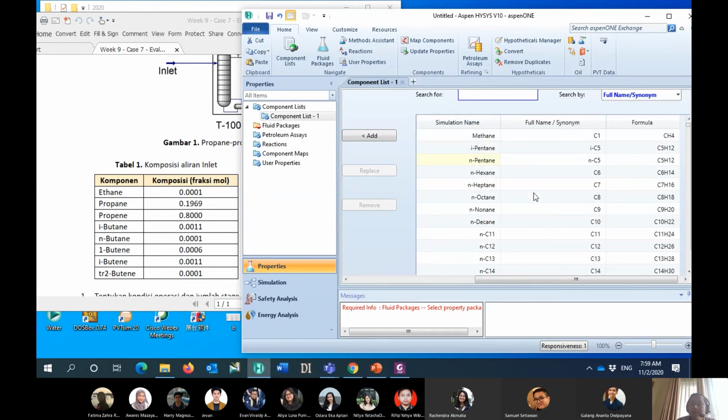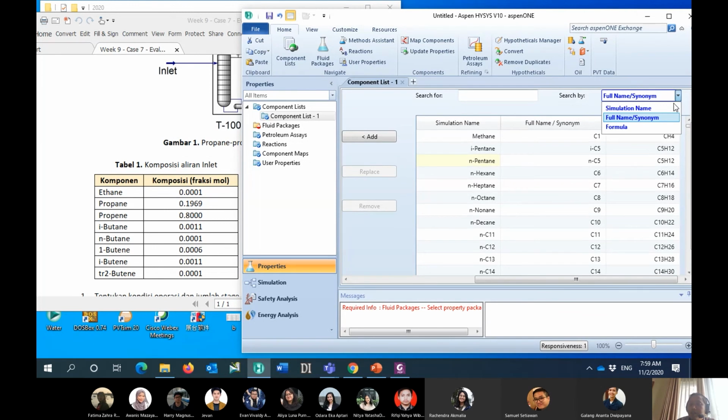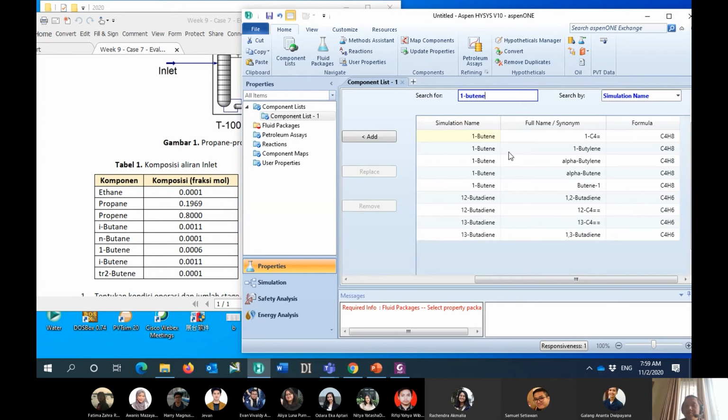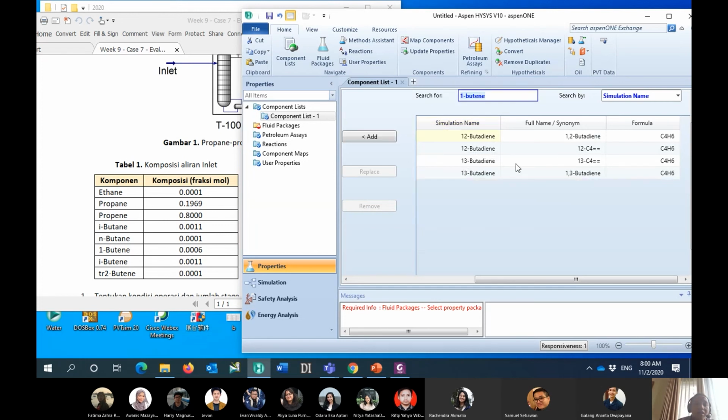Okay, and then I will search for this one, for example, 1-butane. Okay, 1-butane I have. And then e-butane.